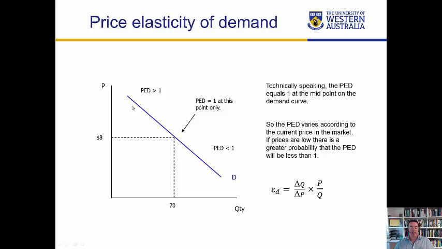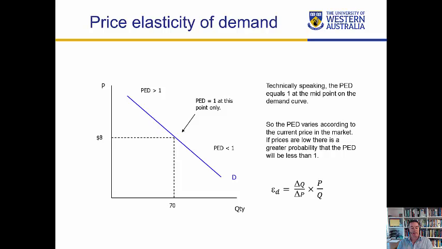So high up on the demand curve, the percentage change in quantity demanded when you move along the demand curve is very large, simply because the initial quantity is very small. At the same time, the percentage change in price is very small because the initial price is very large. Now, the definition of the price elasticity of demand is the percentage change in quantity demanded over the percentage change in price.